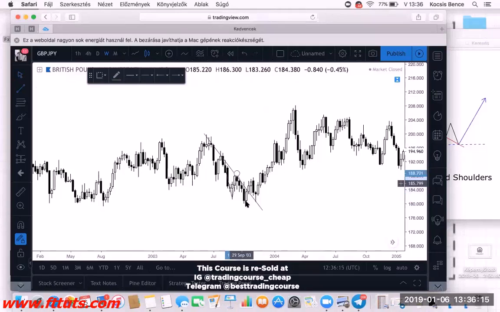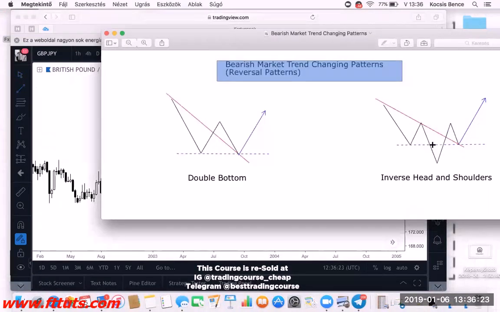Down, up, down, up, down. Look left. Exactly. Inverse head and shoulder.